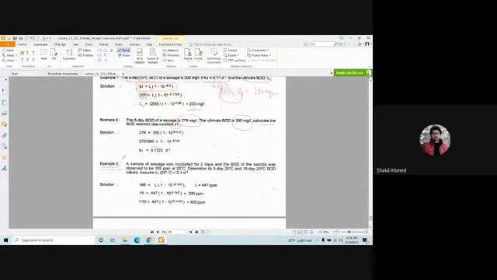Okay, calculate this value. So another problem, example 3. A sample of sewage was incubated for 2 days. Incubation means you have cultured it. And the BOD of the sample was observed to be 165 ppm. ppm means milligram per liter.